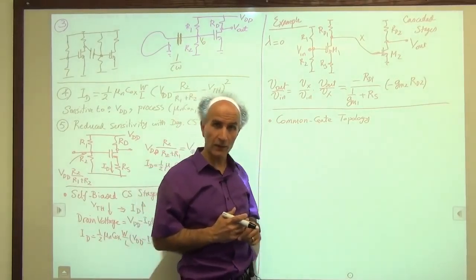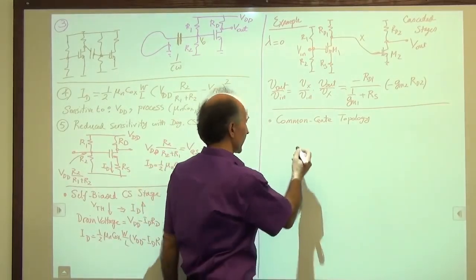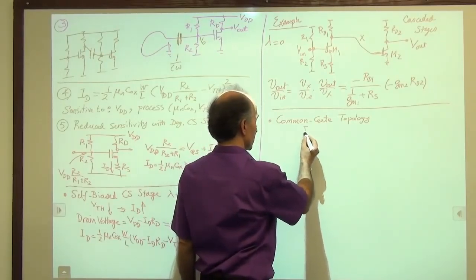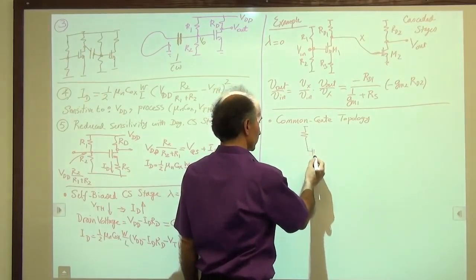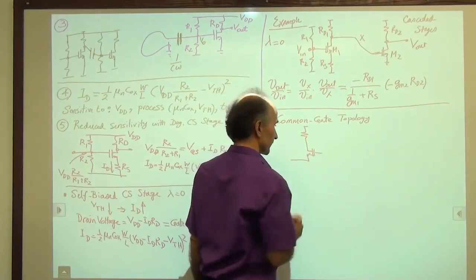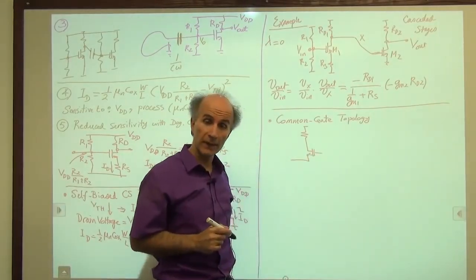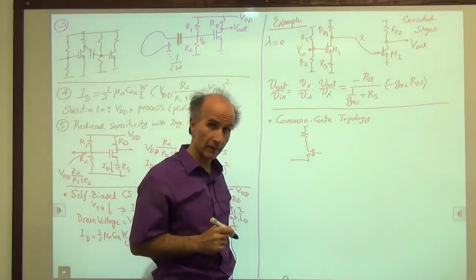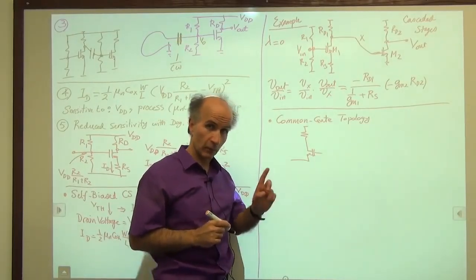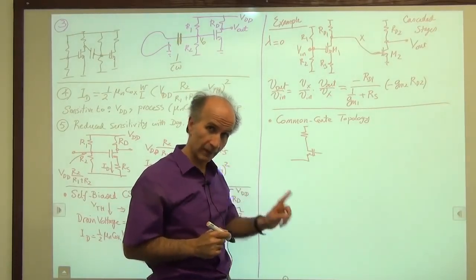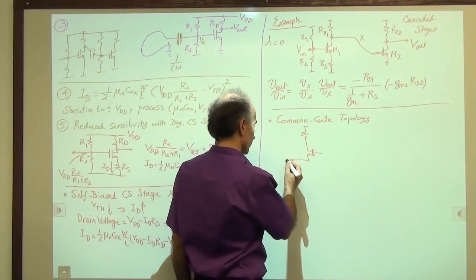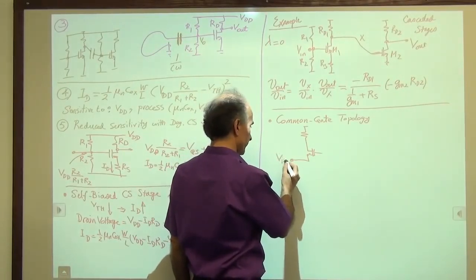The common gate stage is defined as following. We have a transistor with a load resistor, like so. And the input is applied to the source of the device. In the common source stage, the input was applied to the gate of the device. But here, it is applied to the source of the device. So V in goes here.